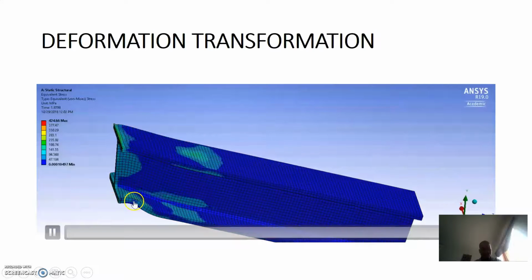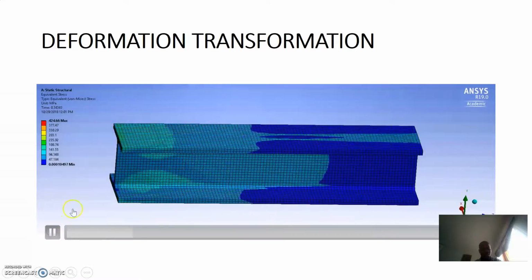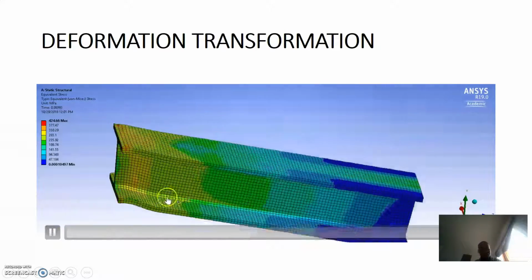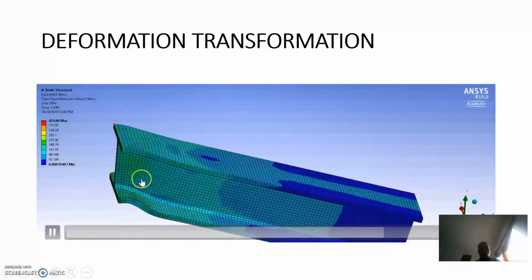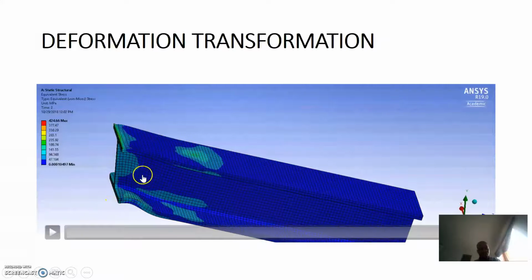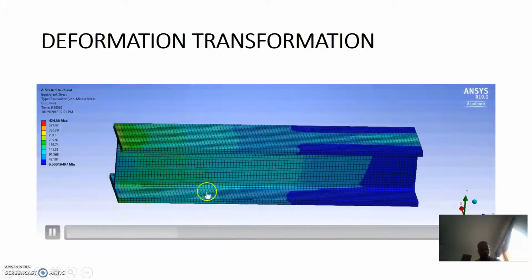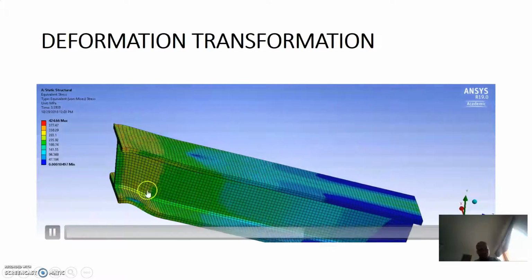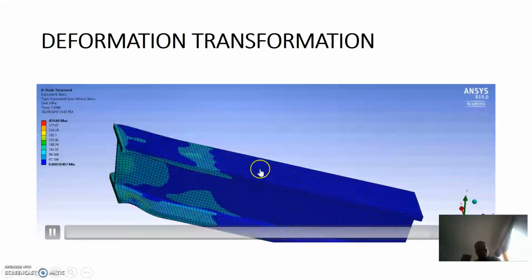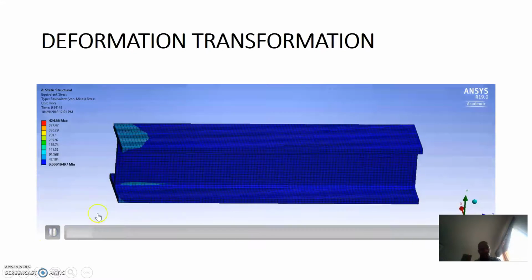This is permanent deformation right now. Let me play it again. It's not permanent until this place right now. It tells us that the load we apply on this beam is higher than what the beam could bear, and that's why we have the permanent deformation at the end of the day.